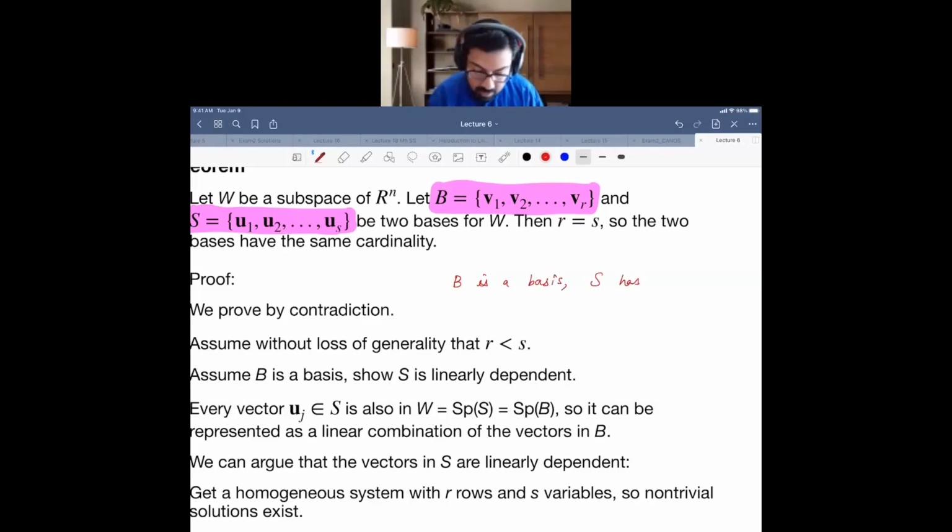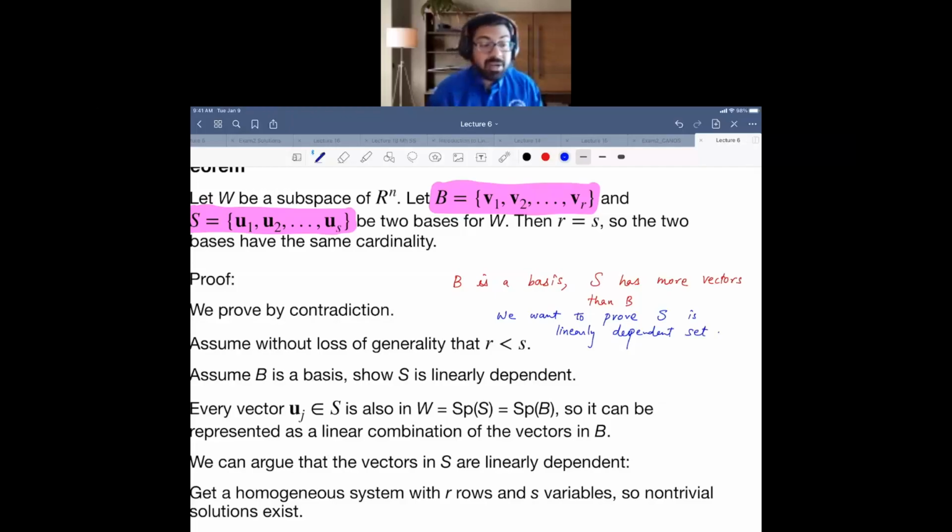S has more vectors, right? S has more vectors than B. And what we want to prove is, S is a linearly dependent set.